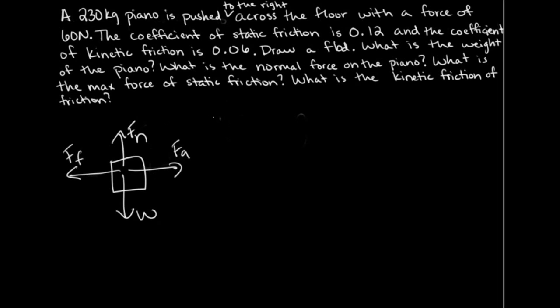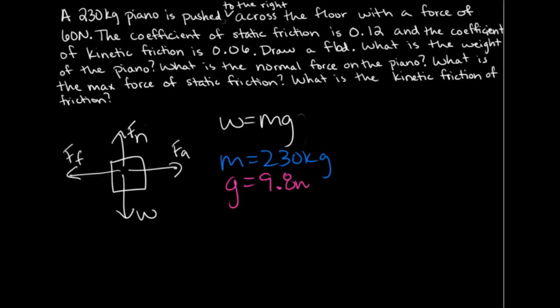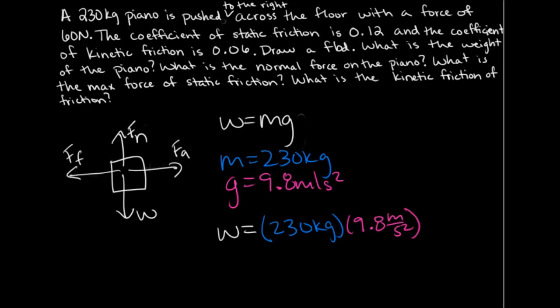Now I want to find the weight of the piano. Weight equals mass times gravity. The mass of the piano is 230 kilograms. Gravity is always 9.8 meters per second squared on Earth. Weight equals 230 kilograms times 9.8 meters per second squared.